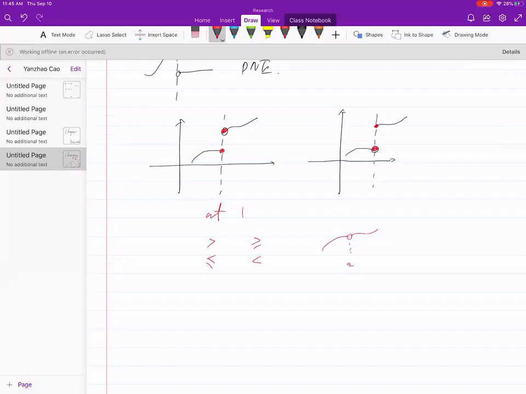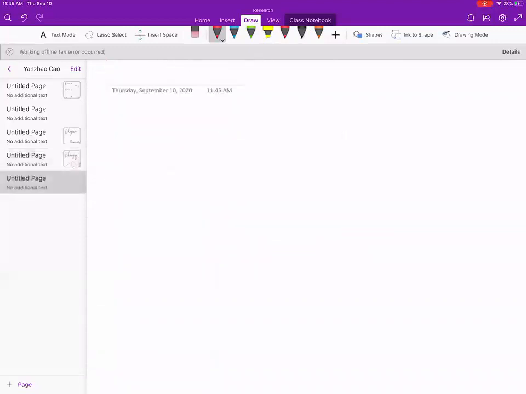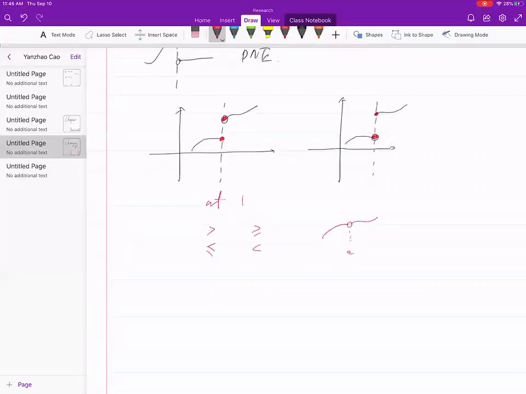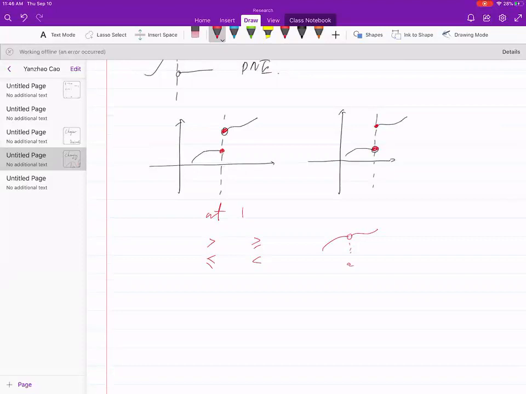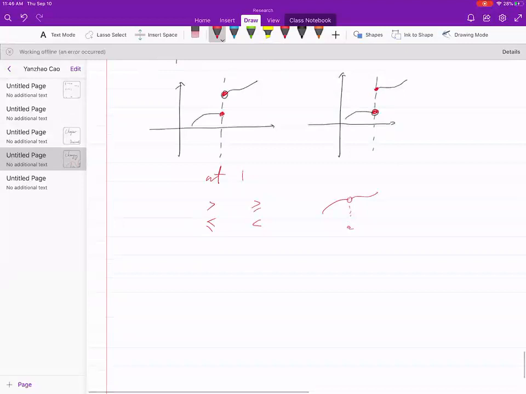So this is a very special case: for a piecewise function, whether you have less than or equal or bigger than or equal doesn't give you a different answer. They are actually the same. Very good question. So the answer is they don't affect the answer, because you literally don't care about the equal sign.